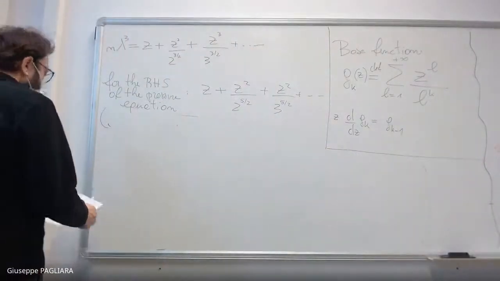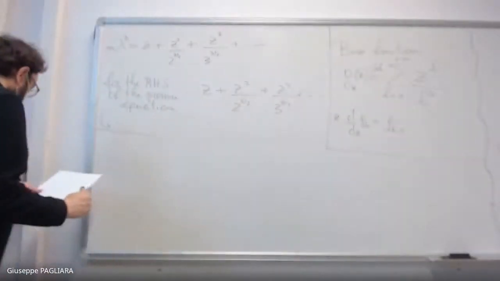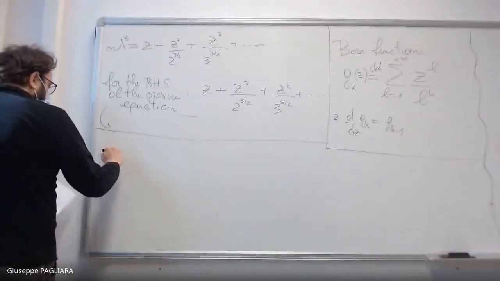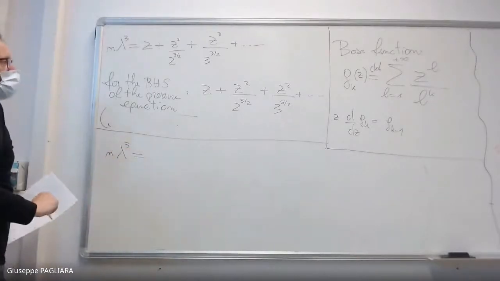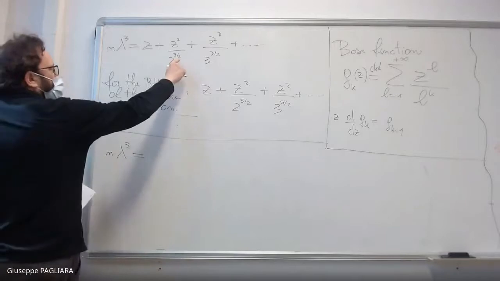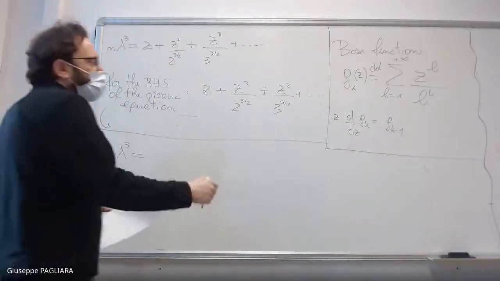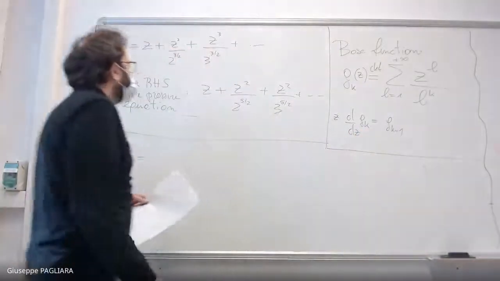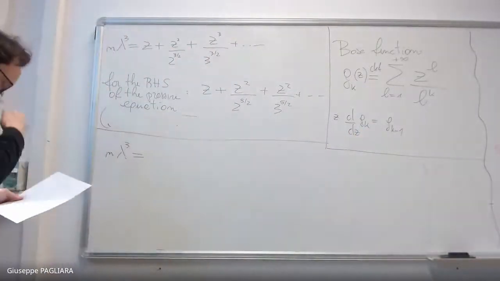Now, when introducing the Bose function, n lambda cubed is just the Bose function with an exponent 3/2 there, or if you want, k is equal to 3/2, whereas for the pressure, I have 5/2.